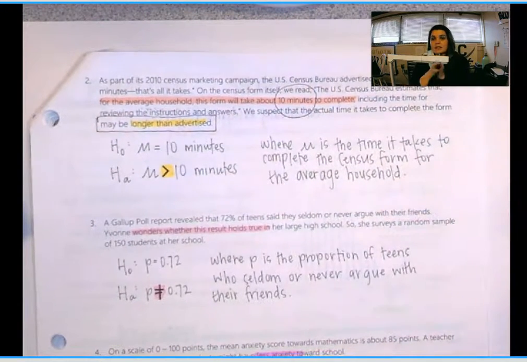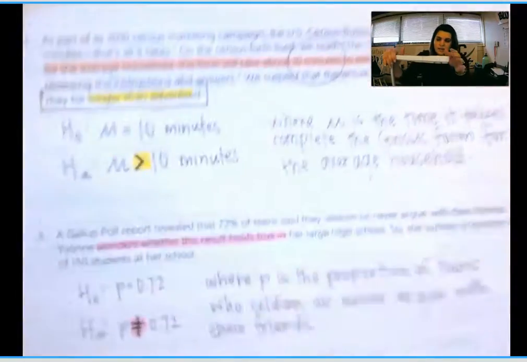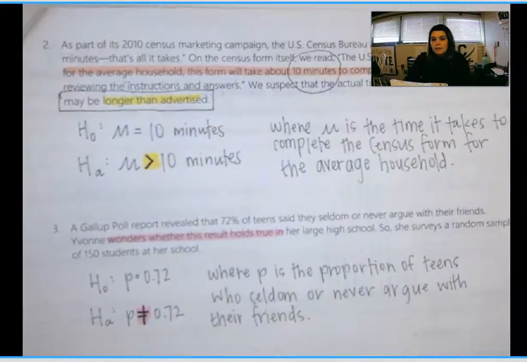The last thing I want to mention on stating hypotheses is that when you are defining your variable, you want to do the best that you can. I know that it can be challenging to know what exactly I need to include and how specific I need to be.